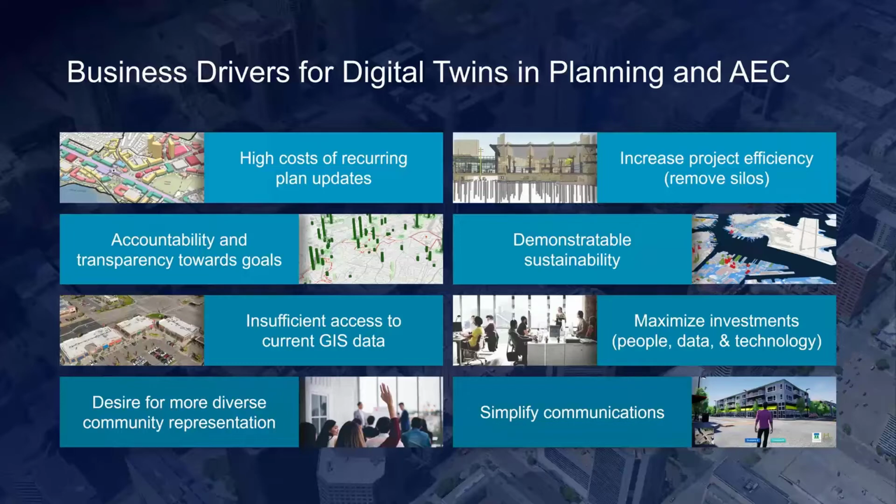So opening up GIS to this world starts to show how important GIS data is to this process of building a digital twin. And that allows us to maximize and look at people and data and technology, right? So we want to maximize that investment, that money that we put into this, especially from the people perspective, because the more we're making things more complicated, the less we're getting out of our people, and people are the ultimate commodity in actually making this stuff work.